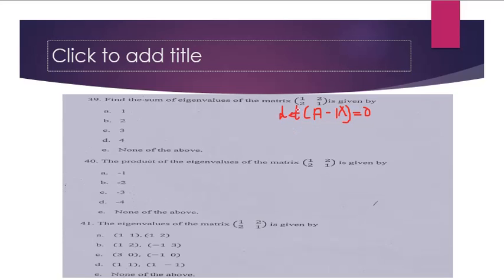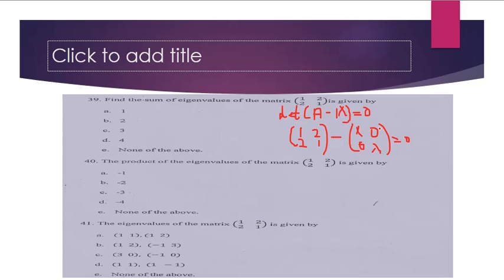We have the matrix 1 2 2 1, and we subtract that from the identity multiplied by the eigenvalue, lambda, so we have lambda 0, and then 0 lambda, and you equate that to 0.